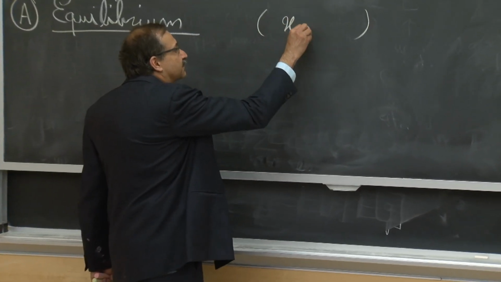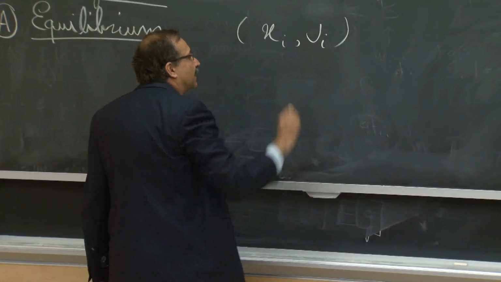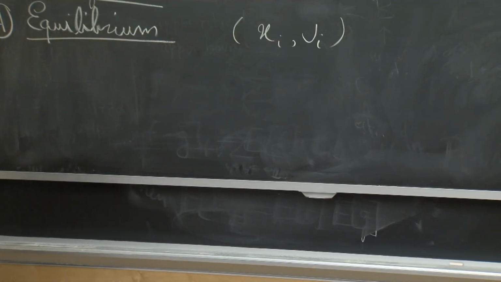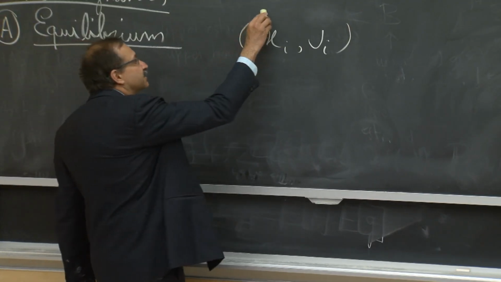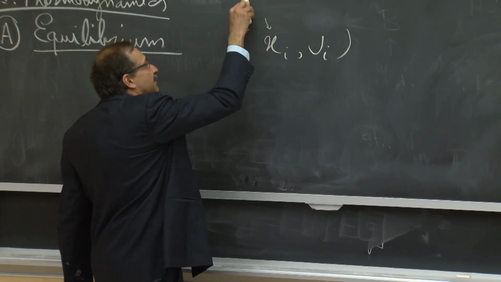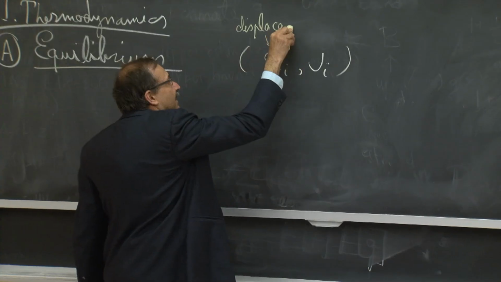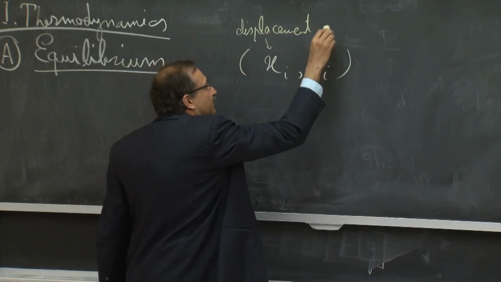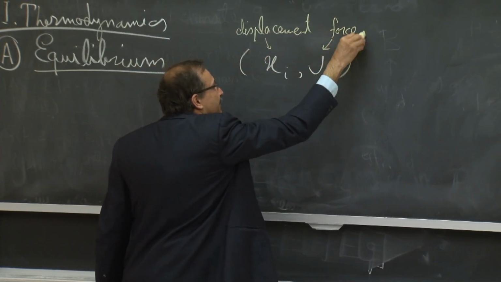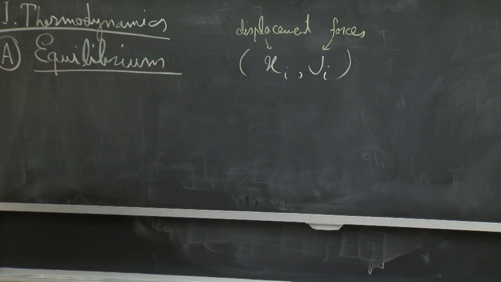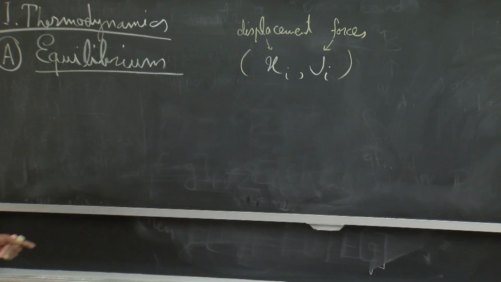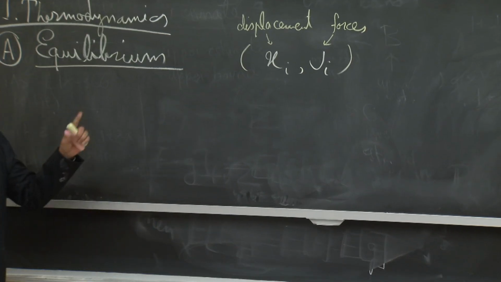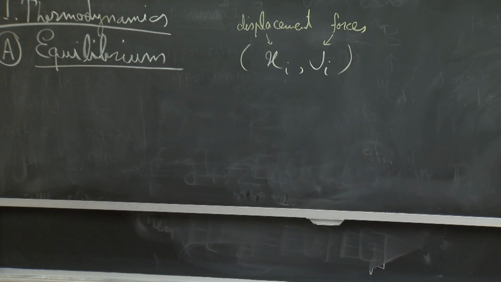And we said that we could, in principle, characterize or divide those coordinates in the form of some generalized displacements and the corresponding conjugate forces. And typically, the displacements are extensive, proportional to the size of your system. The forces are intensive. And the work is related to the product of those two in some fashion.